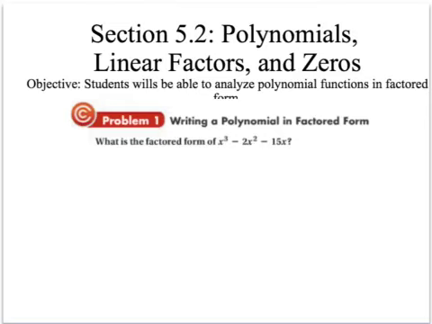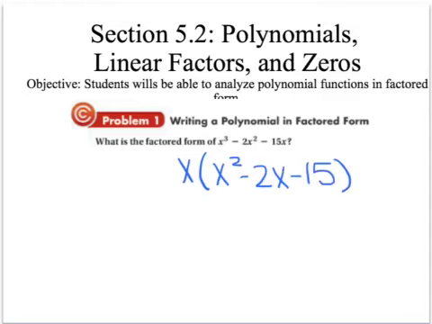There is. It's an x. So you want to first factor out the GCF, which is x. And then we have x squared minus 2x minus 15. First, factor out your GCF, and then check what's in parentheses and see if it can be factored further.